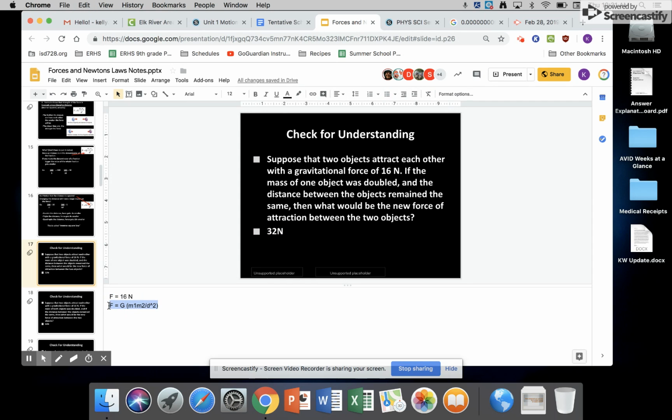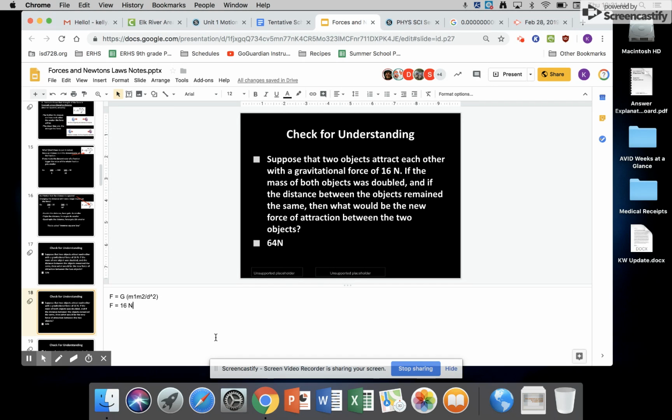Okay, I'm going to copy this so that we always have it to see on our slides. The next one says, suppose that two objects attract each other again with that same force of gravity of 16 newtons. If the mass of both objects were doubled now and the distance is unchanged, what would be the new force of attraction?